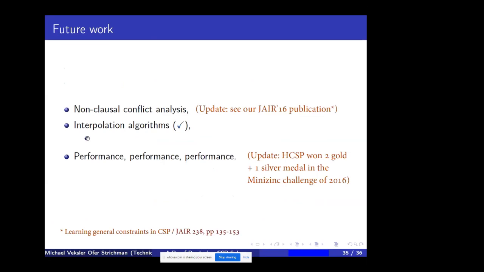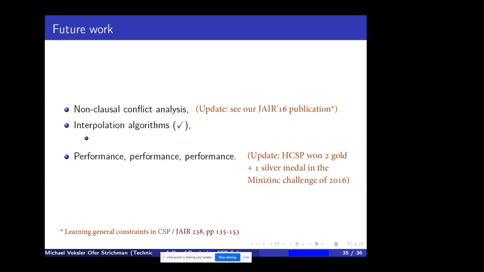And this is the original future work slide from 10 years ago. What you see here in orange is the updates. Back then we talked about non-clausal conflict analysis, which means that you learn not necessarily sign clauses, but general constraints. And indeed, this was another work we did, and we published this several years ago in JAIR.